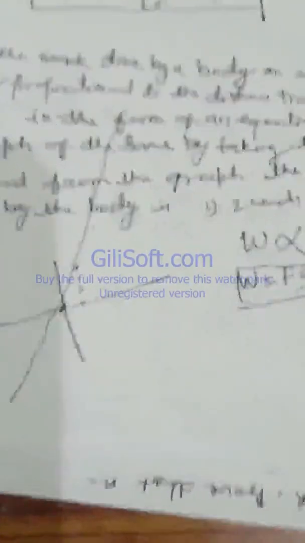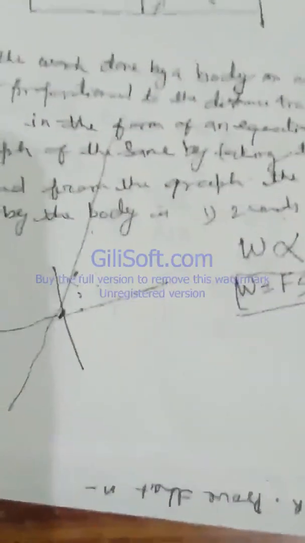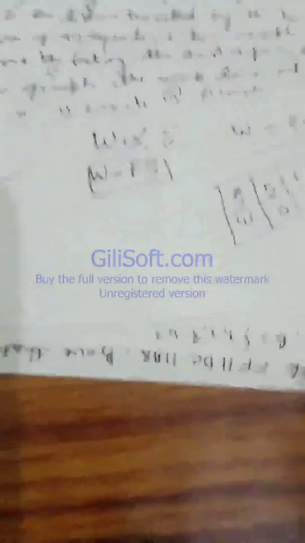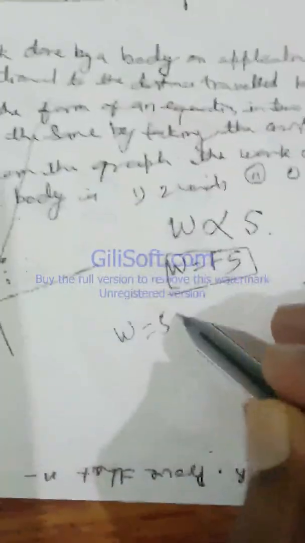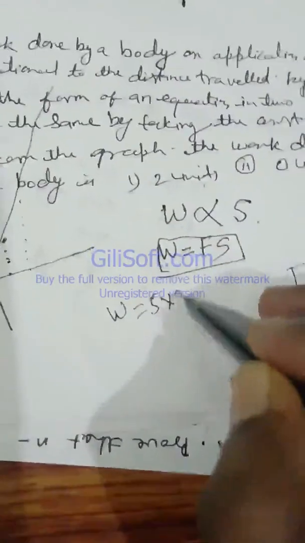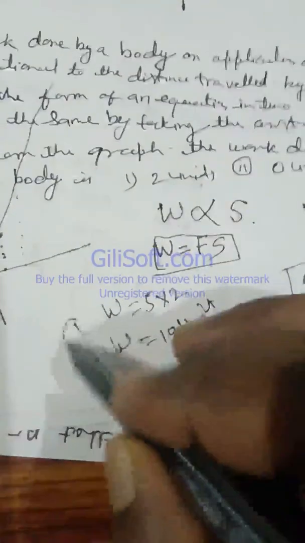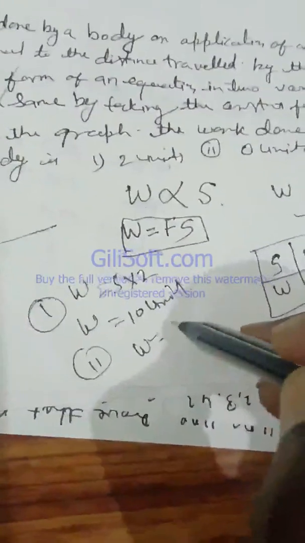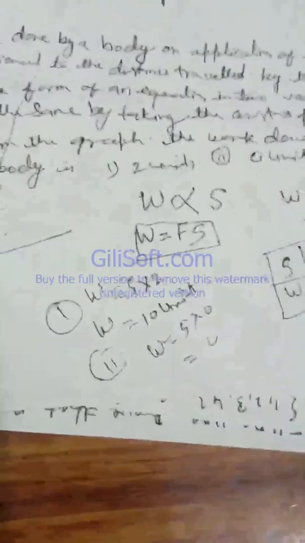Now there is one more question. In this question, first, 2 units, when the distance traveled by the body is 2 units, then you have to write W equals 5s. If 2 units is traveled, then here you put 2, so W is equal to 10 units, answer for the first. And the second is when we put 0 units, 5 into 0 is 0.